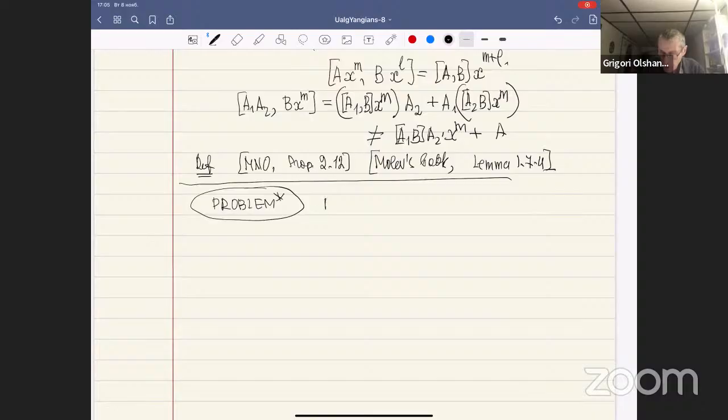So replace the algebra of polynomials by some other algebra, say commutative algebra A. So take again this object. It can be equipped with the structure of a Lie algebra in the same way.